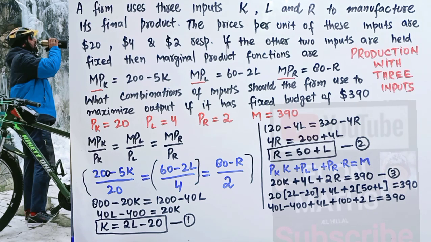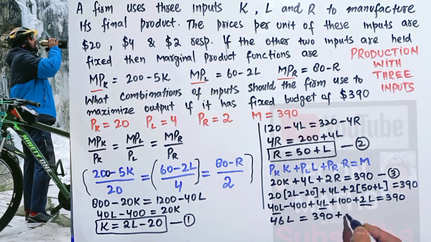So we have 40L, 4L and 2L, so 40 plus 4 is 44, plus 2, this comes out to be 46L. 46L should be equal to 390.